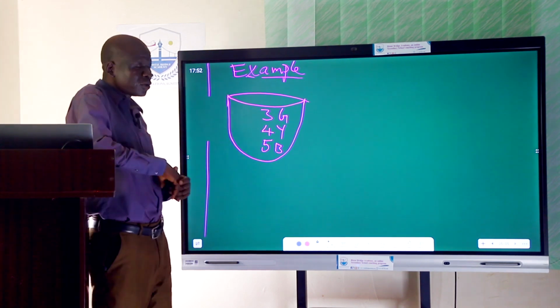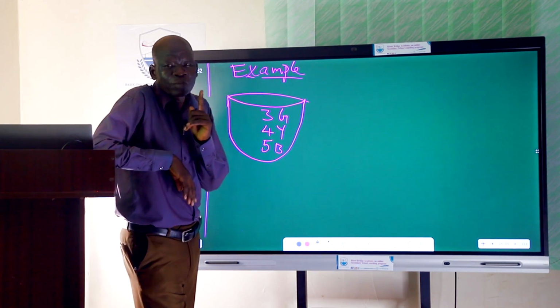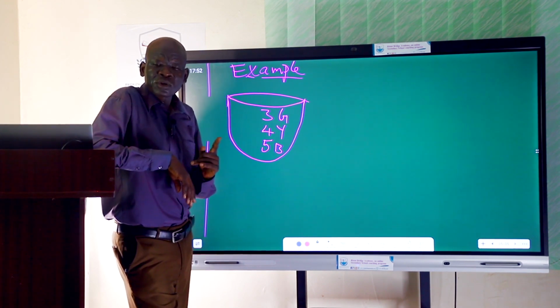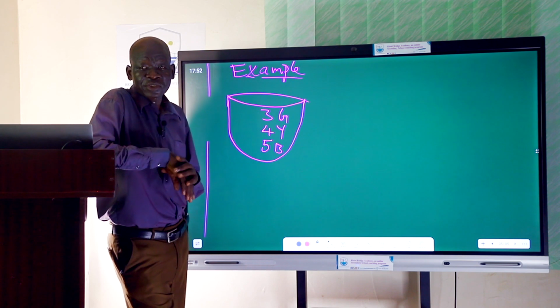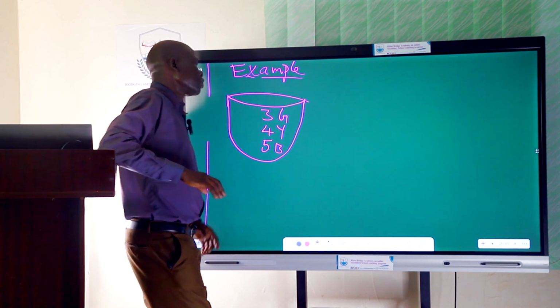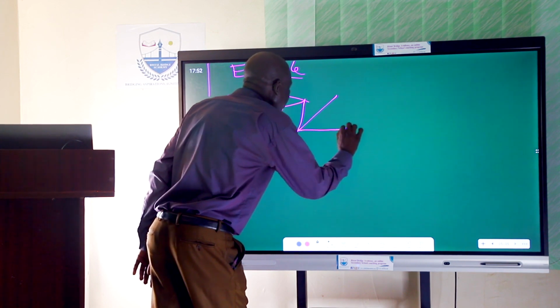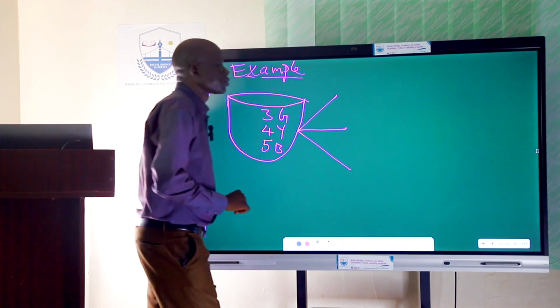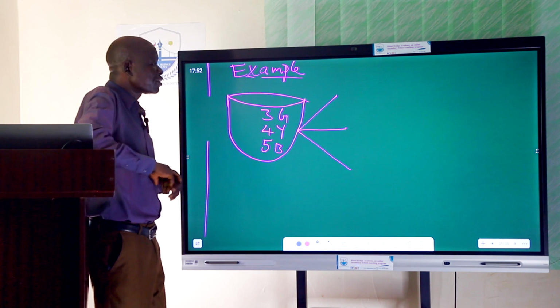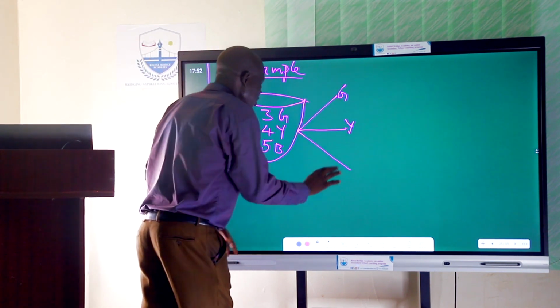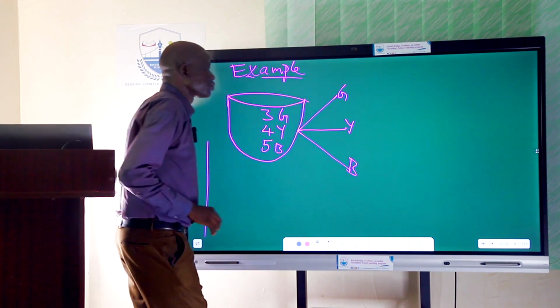If they say only one ticket is picked or randomly selected, it means that we shall have only one set of branches. So in this case, these branches will be divided in this form. We have green, we have yellow, and then we have blue.